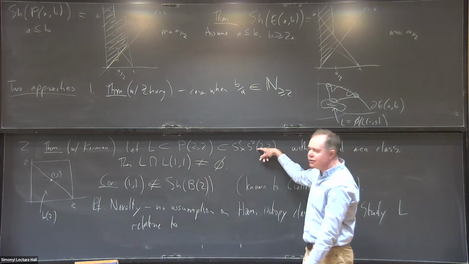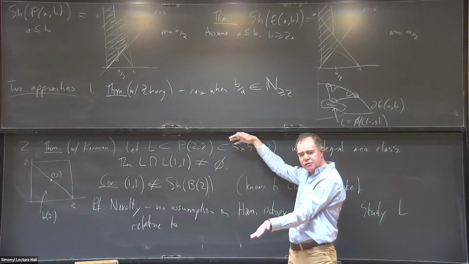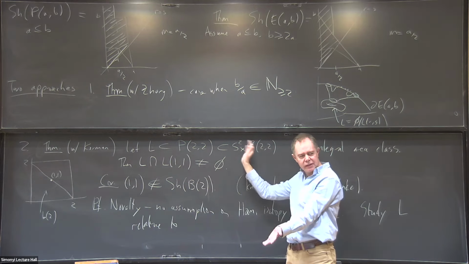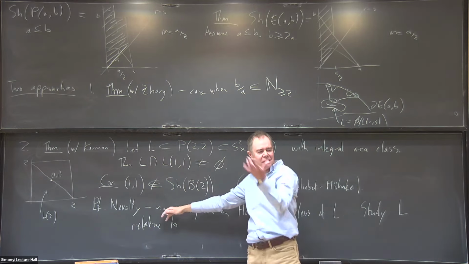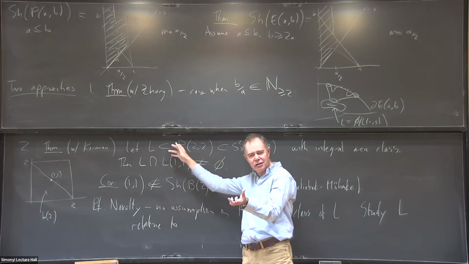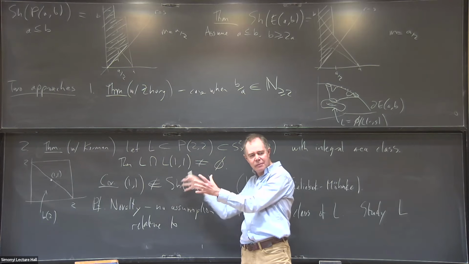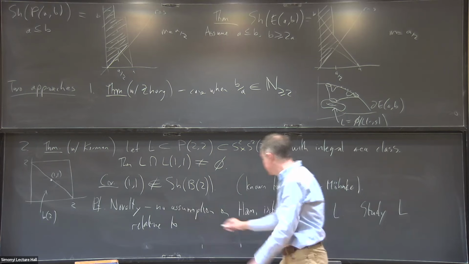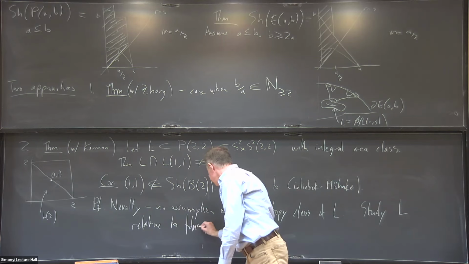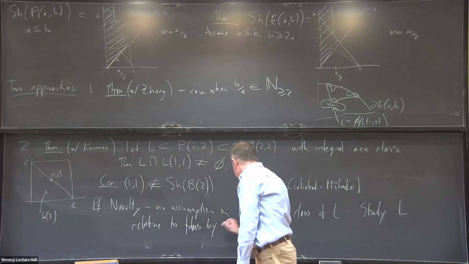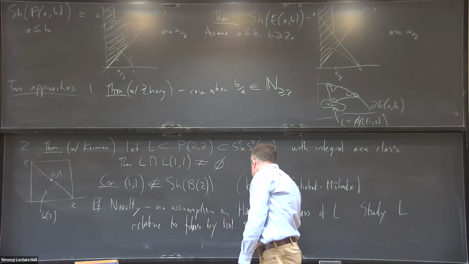P2,2 sits inside S2 times S2, which has two foliations by holomorphic spheres in the two classes. The question is to start stretching those foliations along L and say something about its position, relative to foliations by holomorphic spheres.